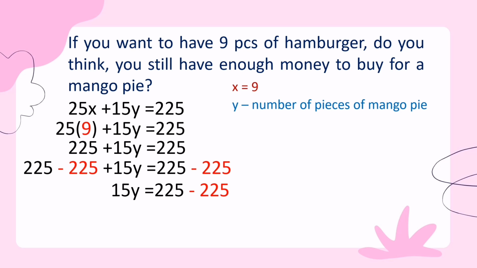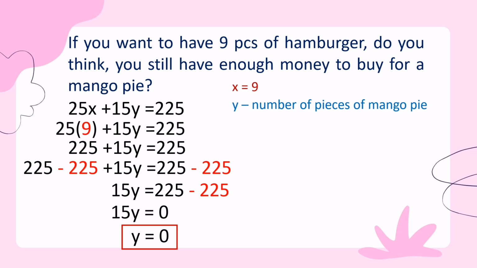So 15y is equal to 0. And dividing both sides by 15, we all know that 0 divided by 15 is equal to 0. So, this means that the value of y equals 0.